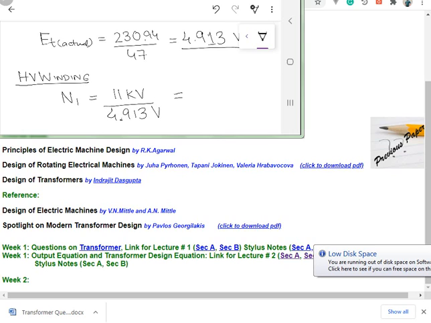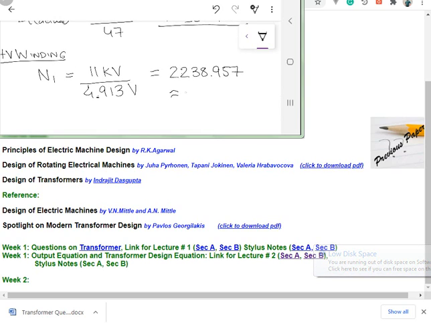Give me a value. 11,000 divided by 4.913 is 2238.957. Now here you have 0.957. So even if you just approximate it to 2239 turns, this will not create that much of a problem.